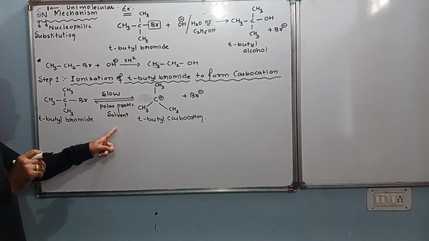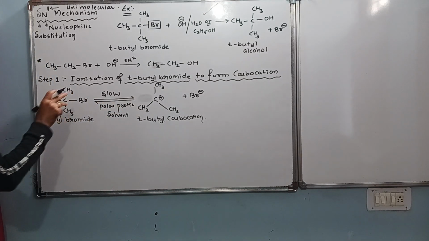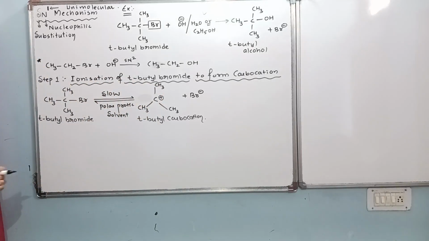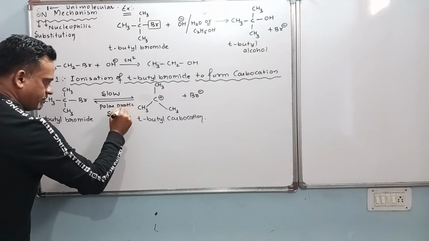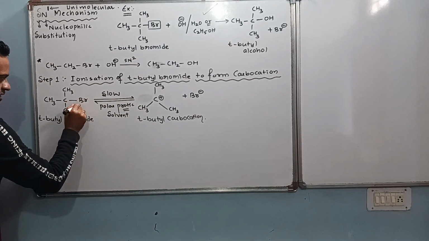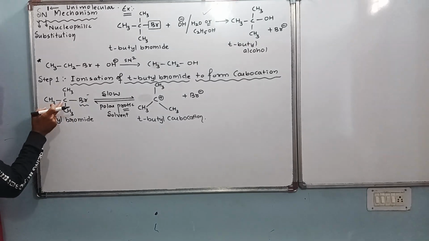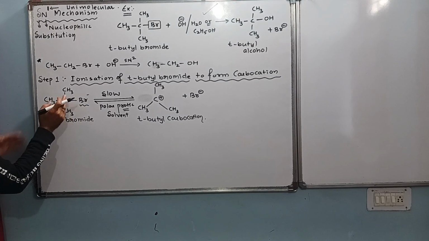If polar protic solvent is there in this reaction mixture, that is going to help the ionization take place. Right? How does it help it? The protic part will solvate the bromide part and remove it, and the polar part of the solvent will solvate the ionic part and separate it.